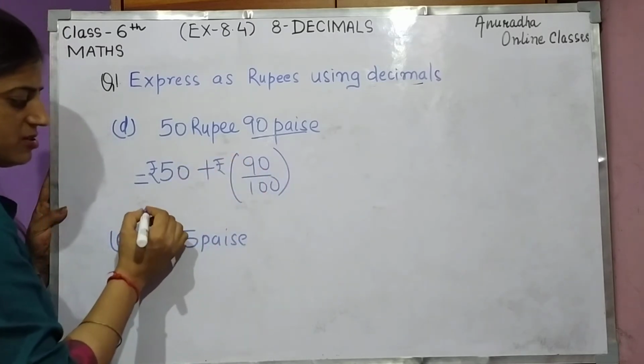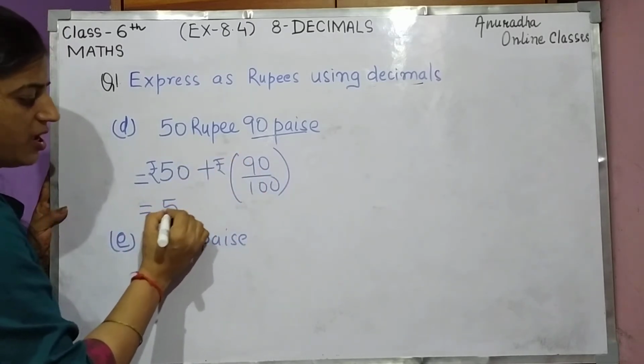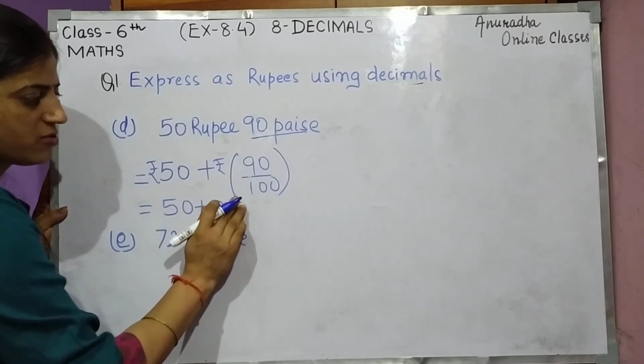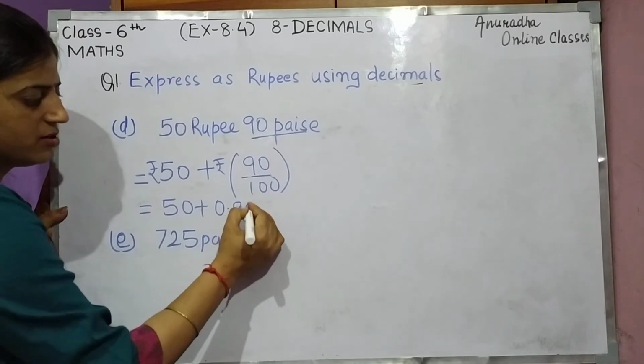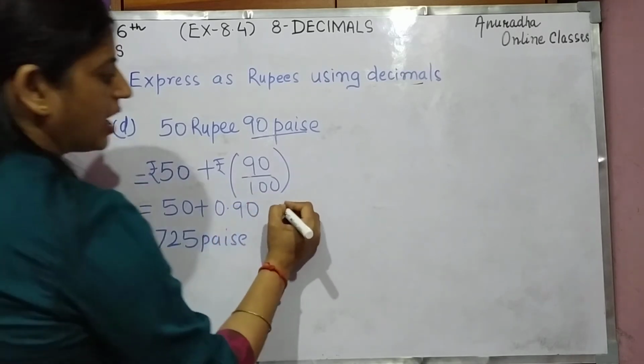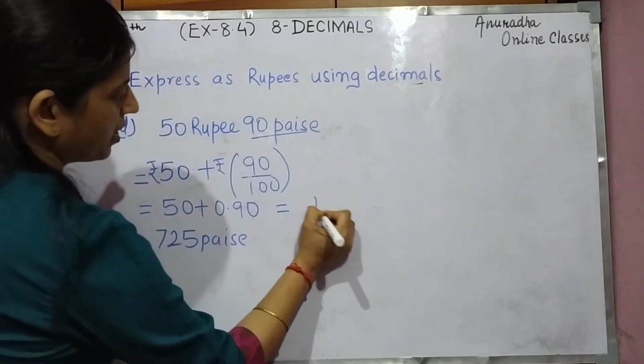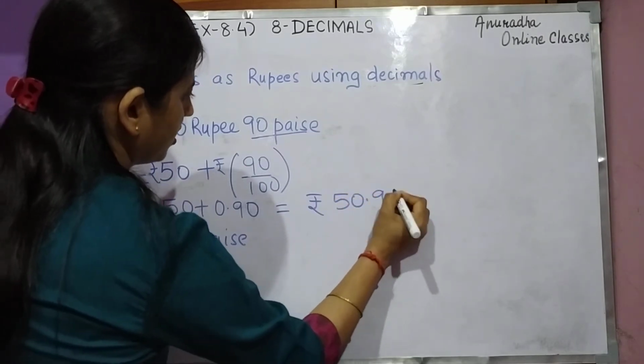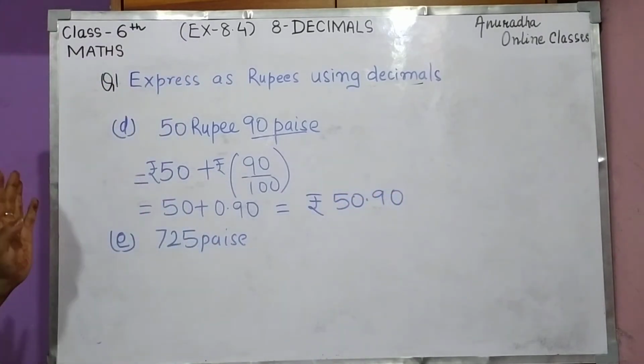That means this is equal to 50 plus what? 0.90. Okay, that means that is equal to rupees 50.90. Here is our answer.